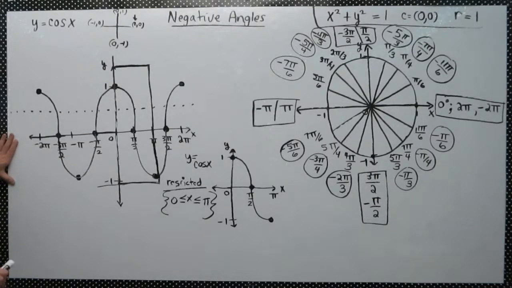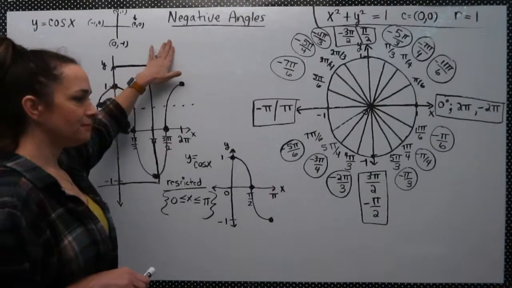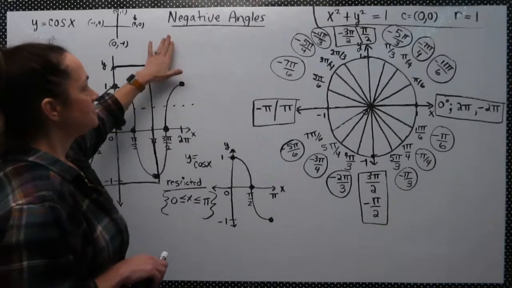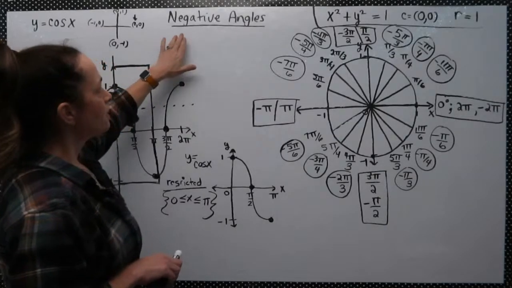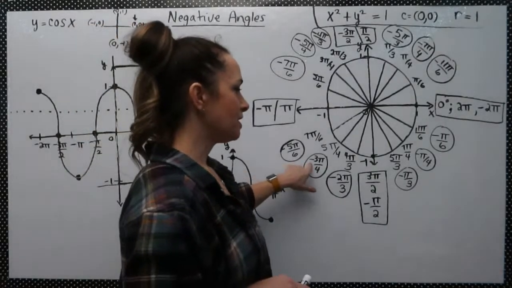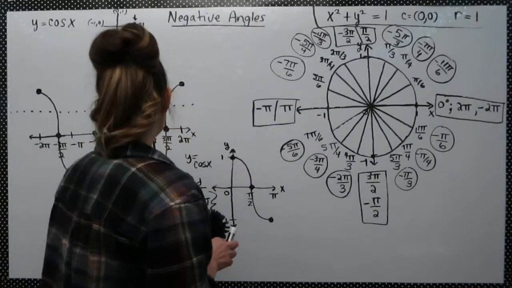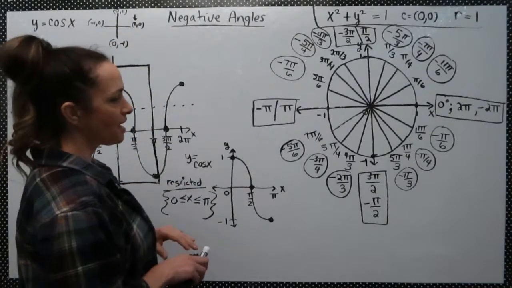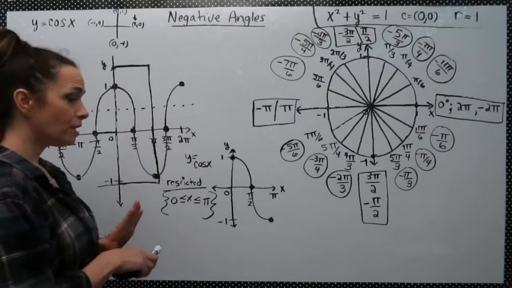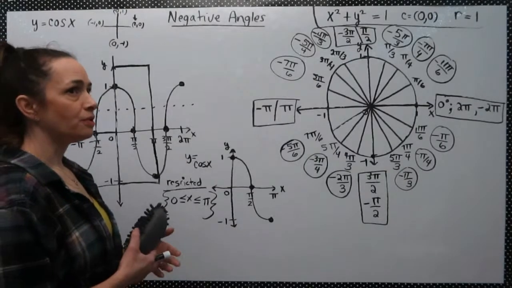So yesterday I talked about and introduced this concept called negative angles. And negative angles, remember, when you have a negative value out in front of your number, it's signifying a direction. So it still has its same quantity or its same value, whatever number it may be.